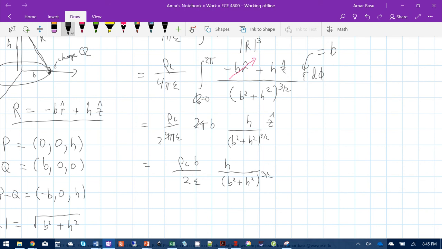All right. So that is our electric field, and it's pointed in the z hat direction.